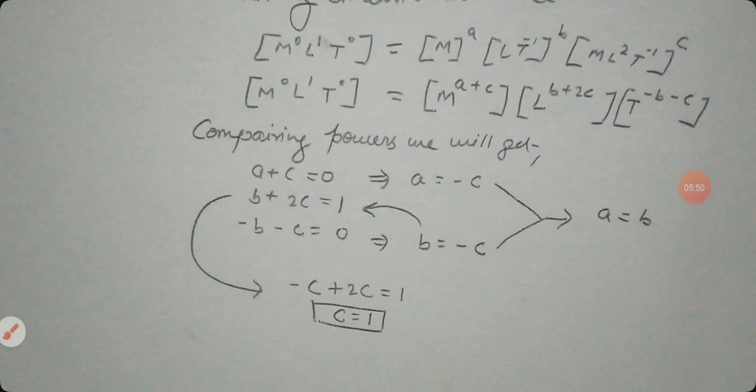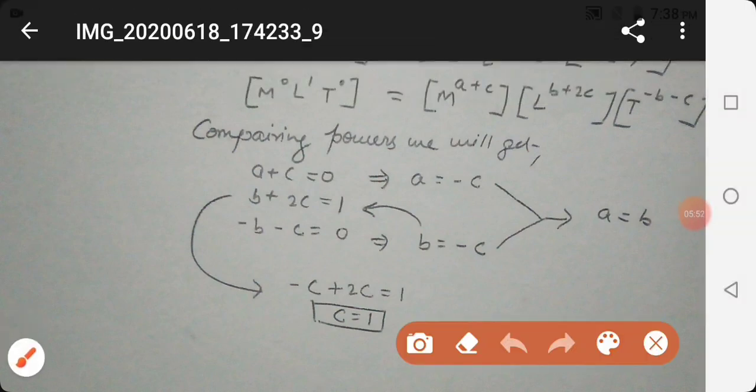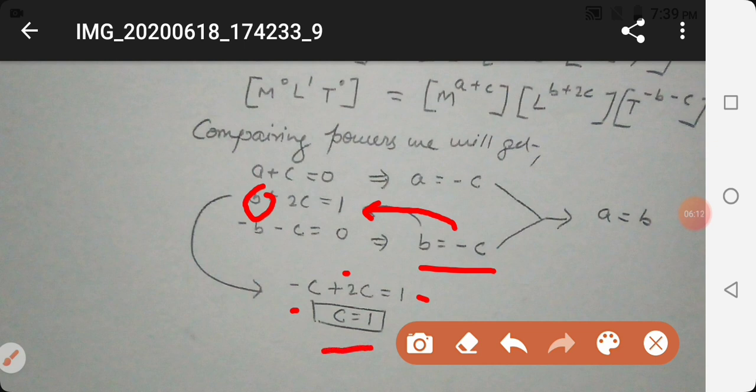So b is equal to minus c, and when you put b is equal to minus c in place of b, we will have minus c plus 2c is equal to 1. By calculating 2c minus c, we will have c is equal to 1.